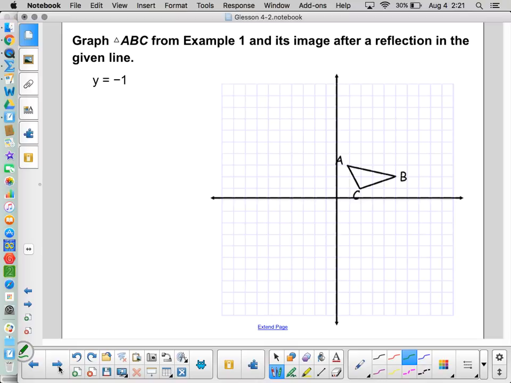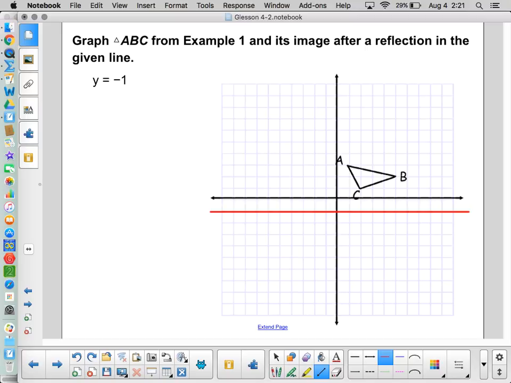Same triangle this time, but this time we're going to reflect in the line y equals -1. So again, indicate where it is. It's going to be perpendicular to the y-axis at -1, or right there. And again, fairly straightforward. C is 2 units above, so 2 units below for C primed.